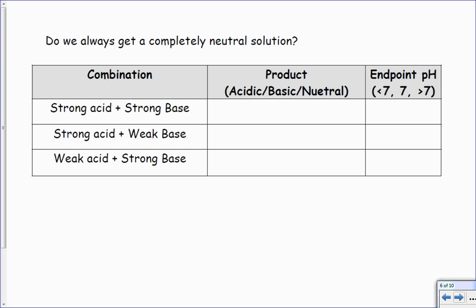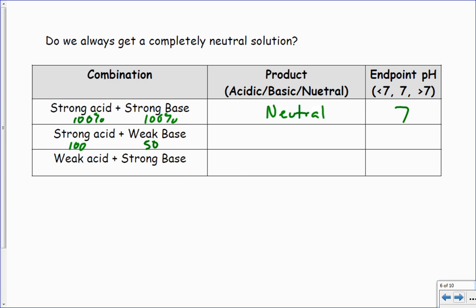Now, it says here we do not always get a completely neutral solution. We will not spend a lot of time with this, but I'm going to work us through it. If I dissociate 100% here, and I dissociate 100% here, my acids and my bases, my H's and my OH's will completely form into water, and I will be neutral. And so I will have a pH of 7. Here, with a strong acid, I dissociate 100% into H and my other piece. My weak base will not. Let's say I do 50%.